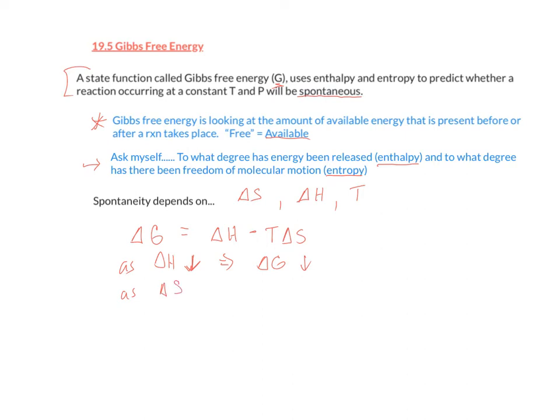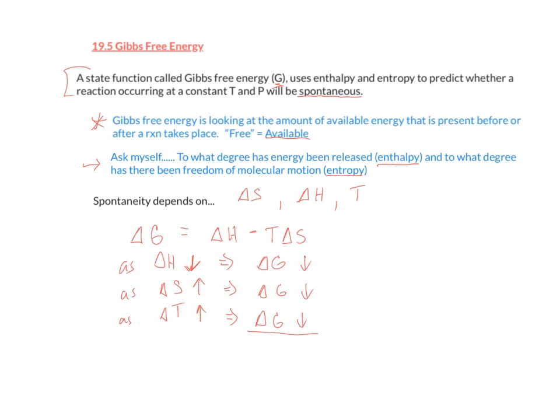As my entropy increases, delta G will decrease. And as my temperature were to increase, delta G will go down. So now I'm looking at delta G decreasing in all these cases.